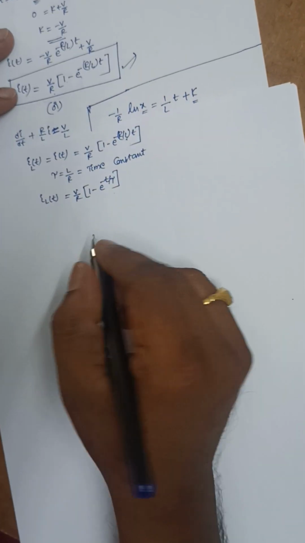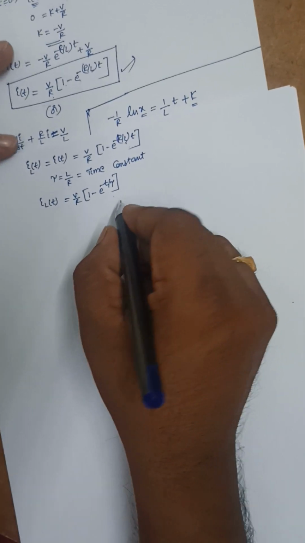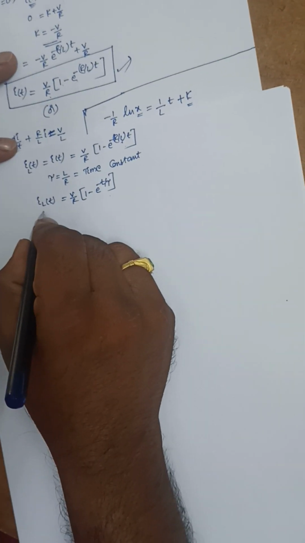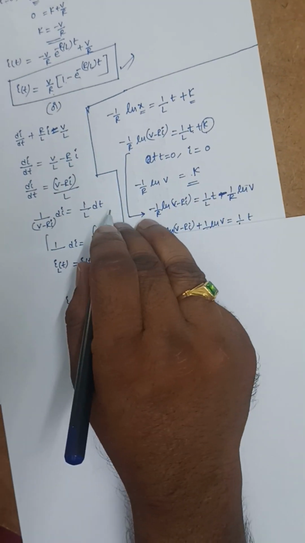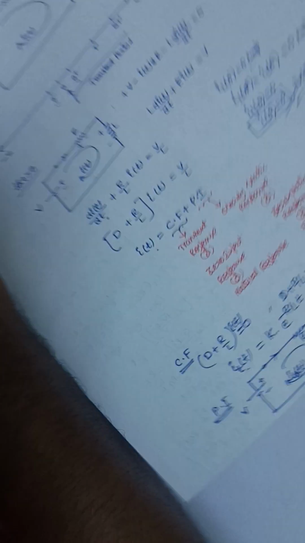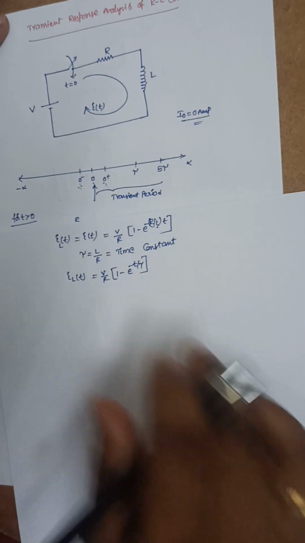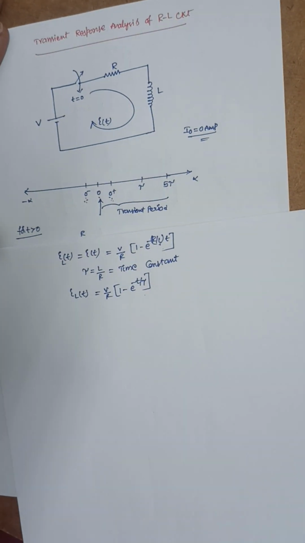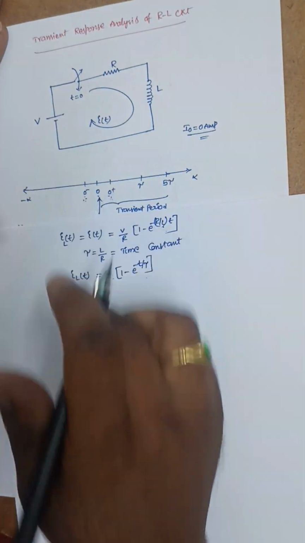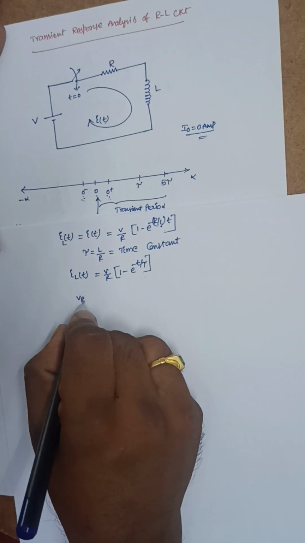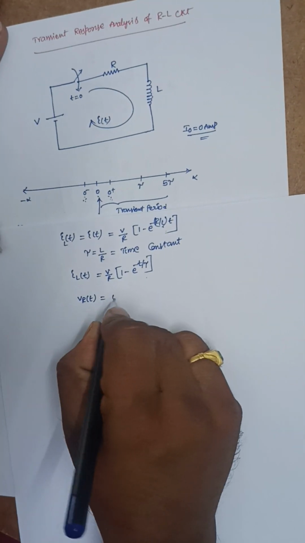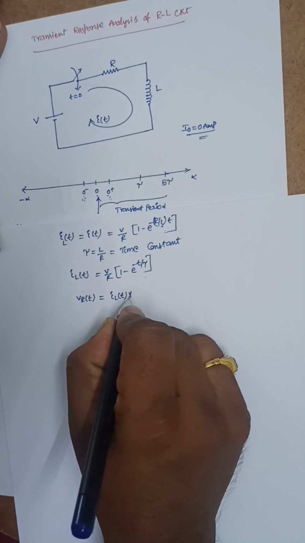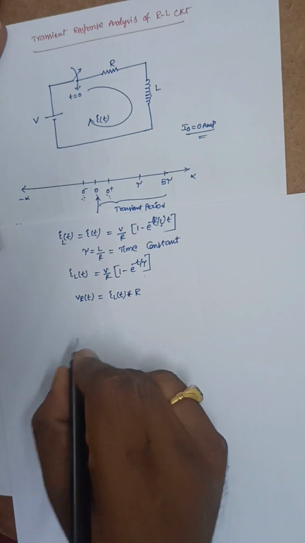Now if I want to find the current flowing through the resistance, it is the same as the current flowing through the inductance, because these two are connected in series. I want to find the voltage across the resistance. So VR of t is equal to this current IL of t into the resistance offered by that resistor.